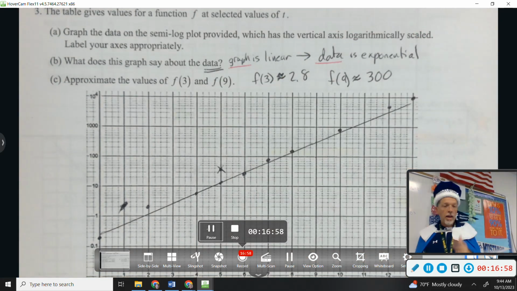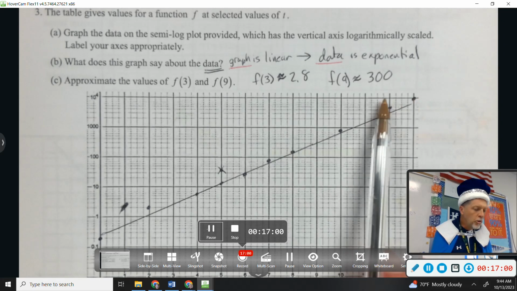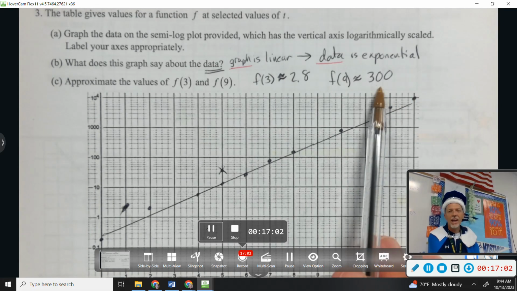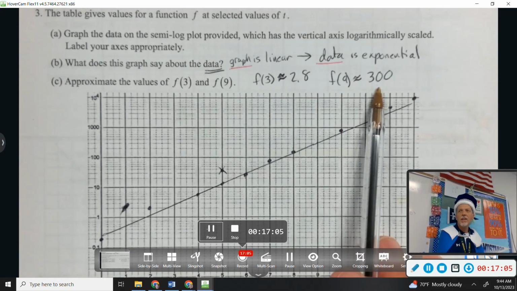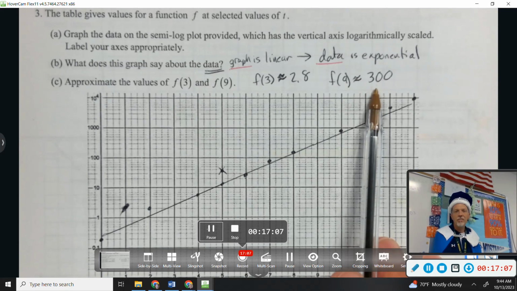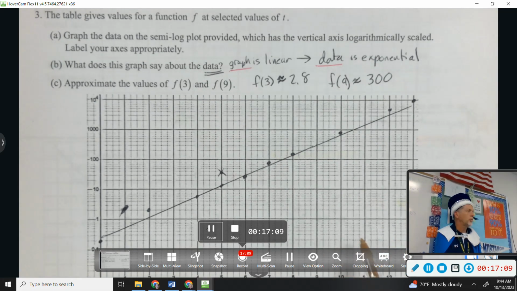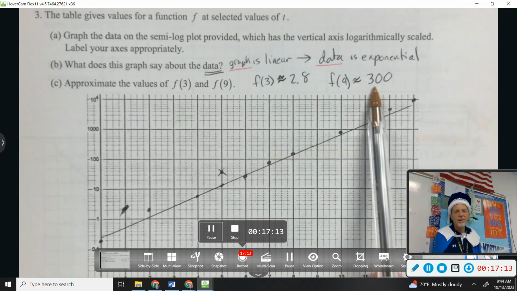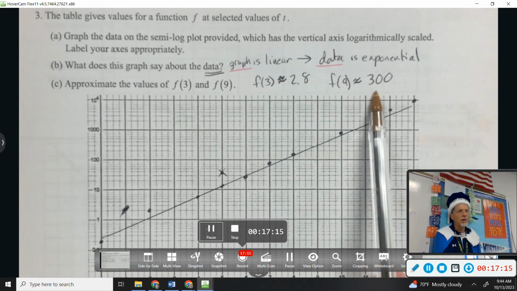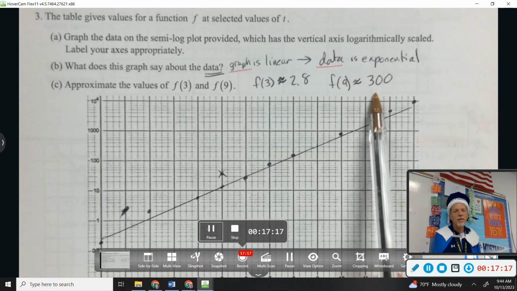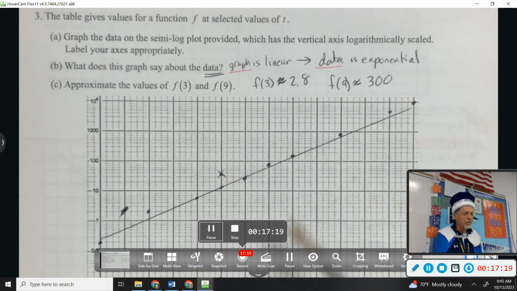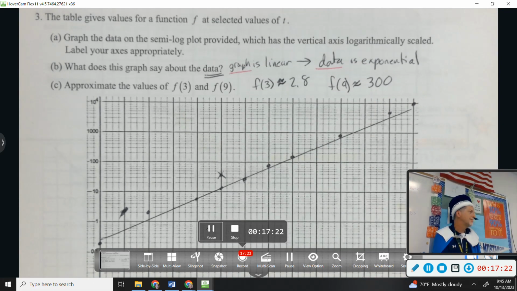And because it's a log graph, you could be off by 100 and still be okay. It feels weird to say that 300 and 400, it's close enough. But on a log graph, it is close enough. Or 200. Again, it feels weird to think that 200, 300, 400, it's all the same. Well, on a log graph, when you're going up to 10,000, it is kind of close to the same.